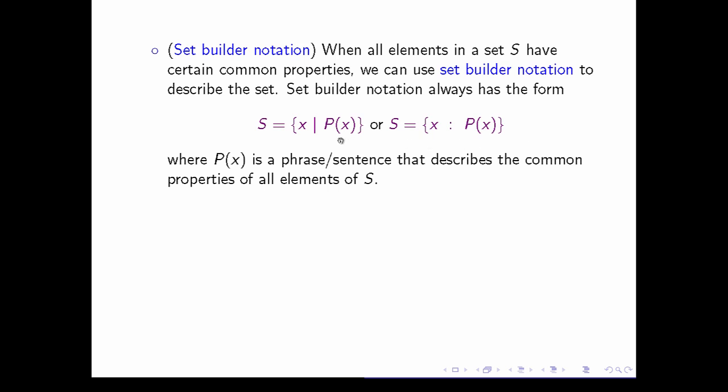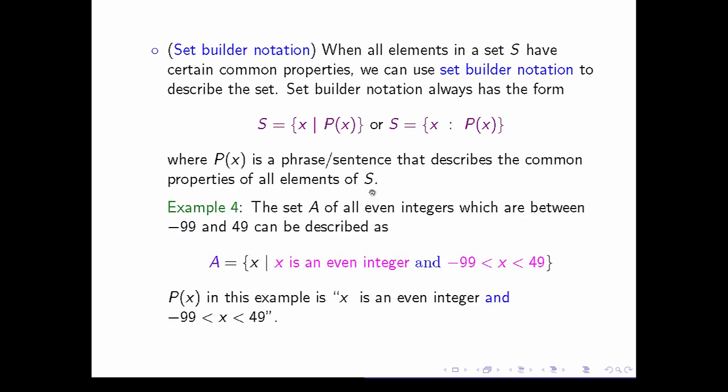In this way, we will write the set H equals, again, between 2 curly brackets, x, which is a generic representative, and then a vertical line or a semicolon. After that, it will be P(x). What is P(x)? It is usually a phrase, a sentence that describes the common properties of all elements of H.